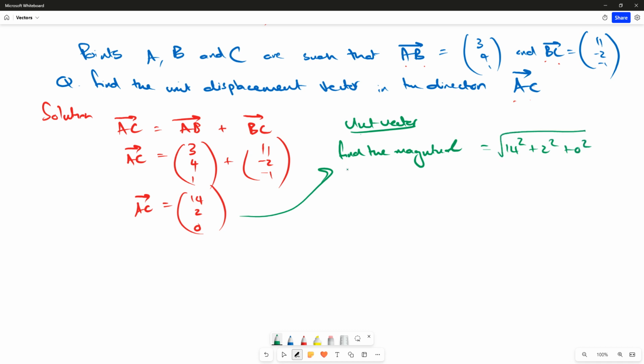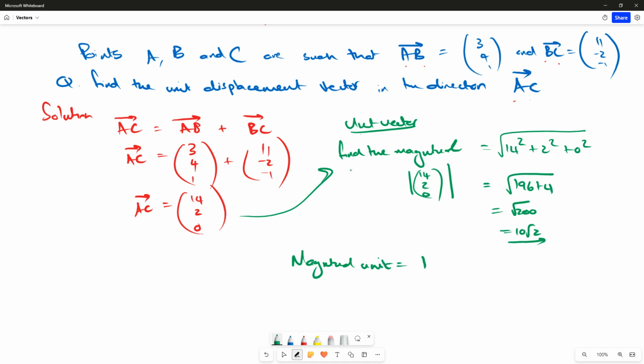That's 196 plus 4, which is the square root of 200, which is 10 root 2. This is the magnitude. The magnitude of a unit vector, by definition, is 1. This is not 1. So we have to divide it by itself.